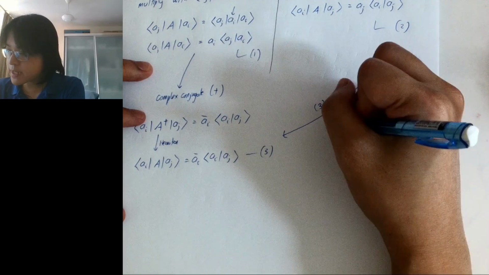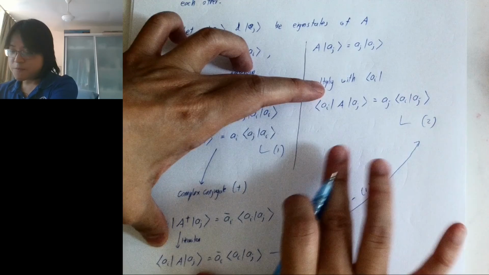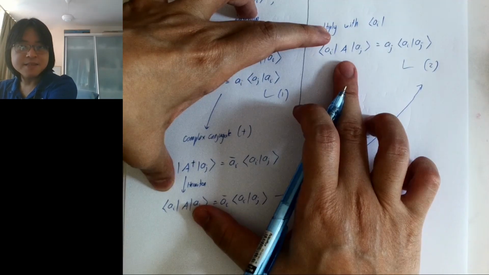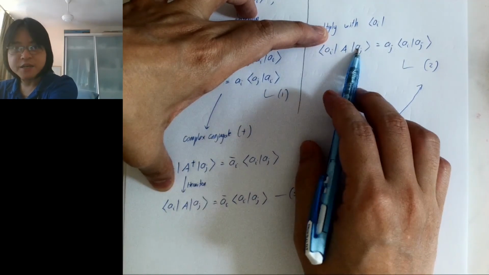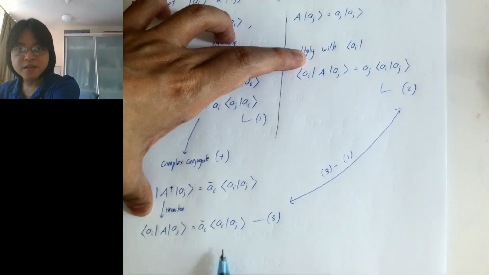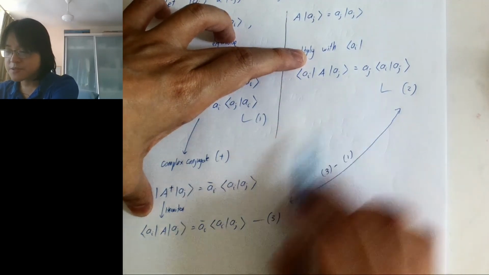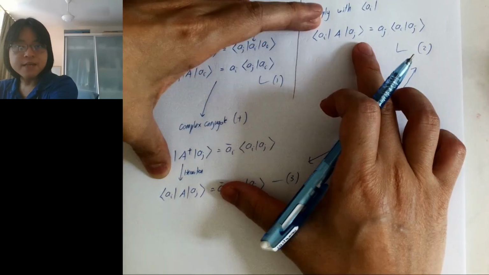What I get here is, sorry, I meant the left hand sides are the same. See, ⟨a_i|A|a_j⟩ and ⟨a_i|A|a_j⟩. The right hand side is slightly different: a_j⟨a_i|a_j⟩ and a_i bar ⟨a_i|a_j⟩ is here.